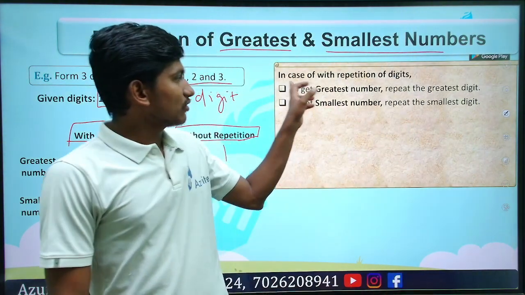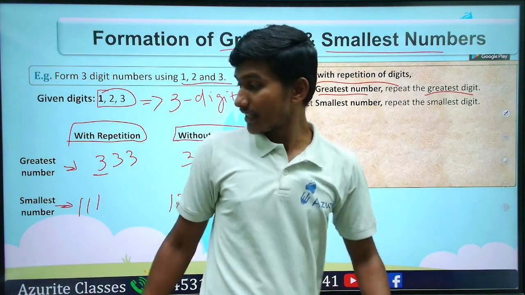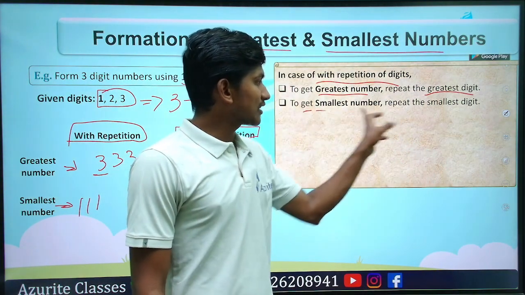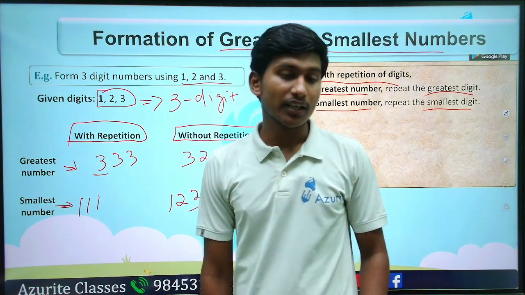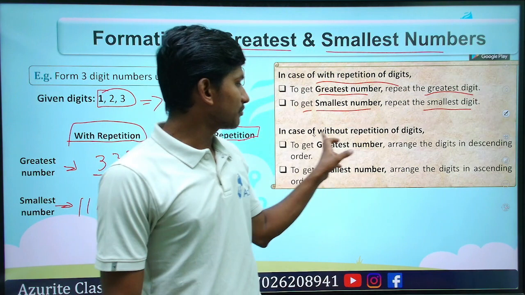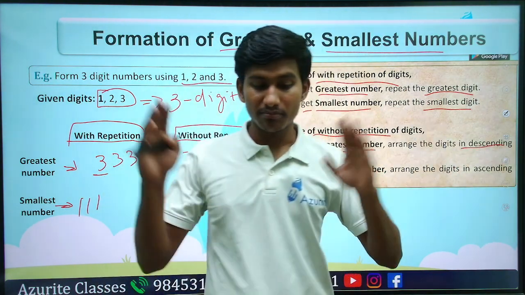Very good. So here, in case of digits with repetition, for the greatest number, repeat the greatest digit, that is here we repeated 333. And in case of the smallest number, we have to repeat the smallest digit, that is 111. Next, for without repetition, for the greatest number, arrange the digits in descending order, that is bigger to smaller.